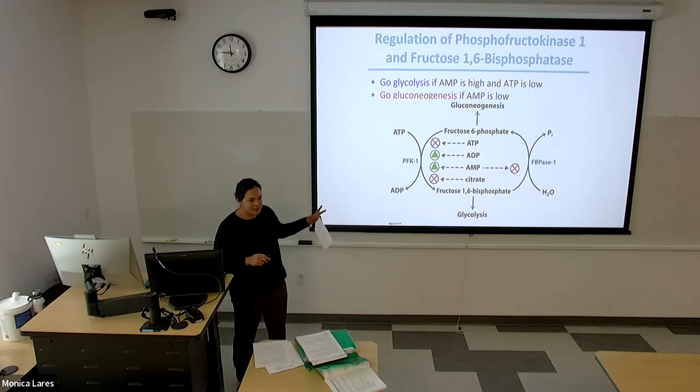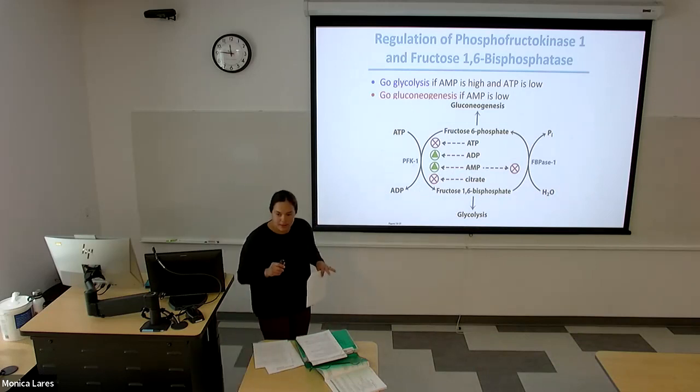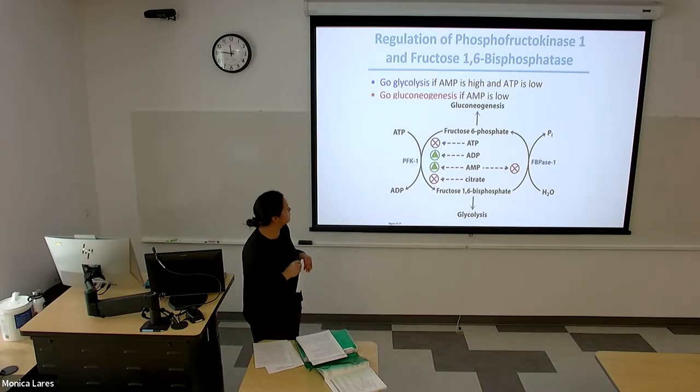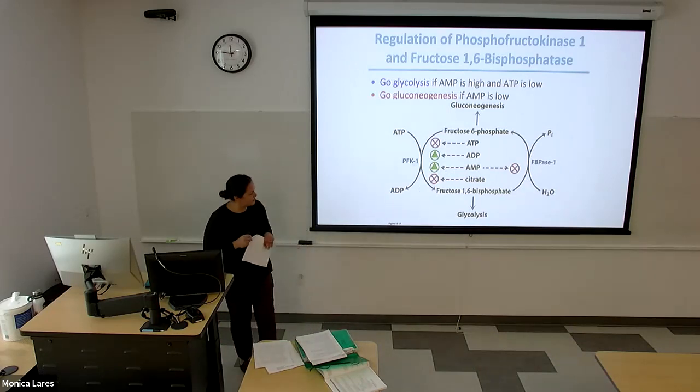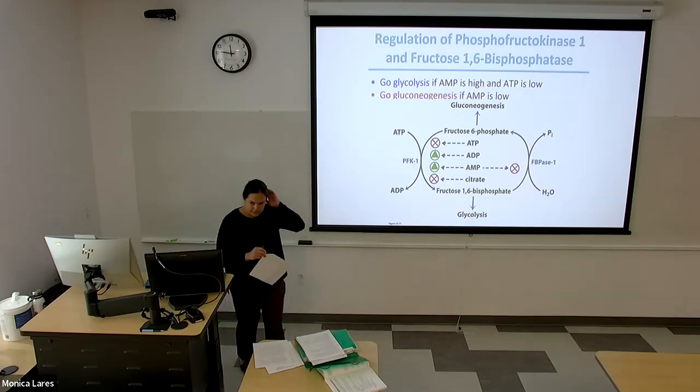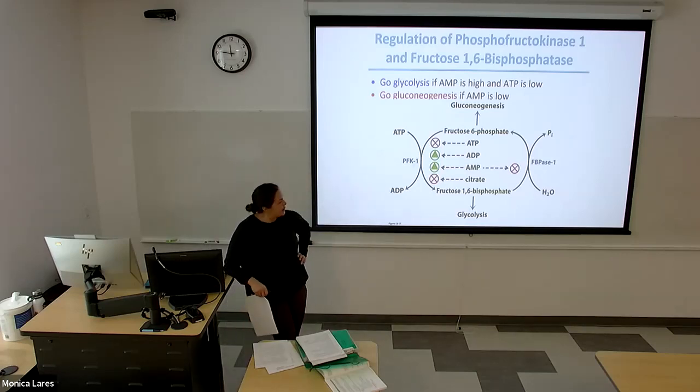Questions on that? Yeah, is there a stronger effect if you promote one pathway and inhibit the other pathway versus just promoting one pathway? Because I noticed that AMP promotes glycolysis but inhibits gluconeogenesis, but ADP only promotes glycolysis.